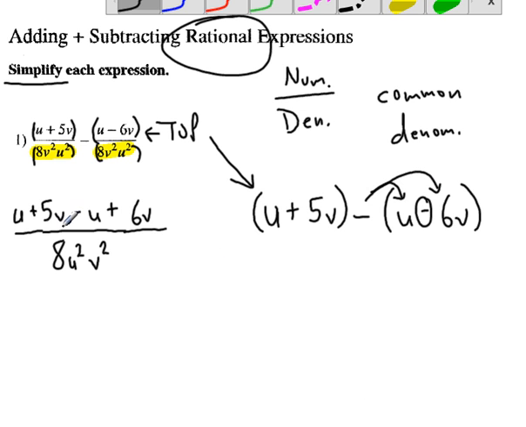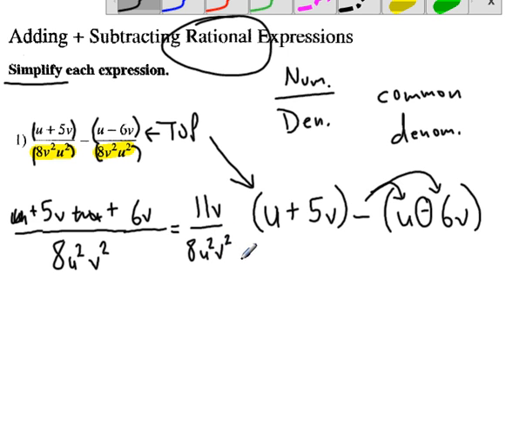So here's my step. If you look at this real close, in the way of like terms, you have u minus u. Those cancel each other out. So 5v plus 6v is combinable to 11v. Under that, the denominator remains.